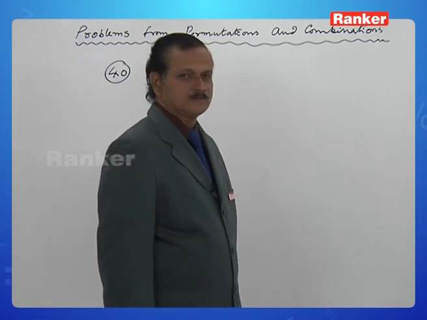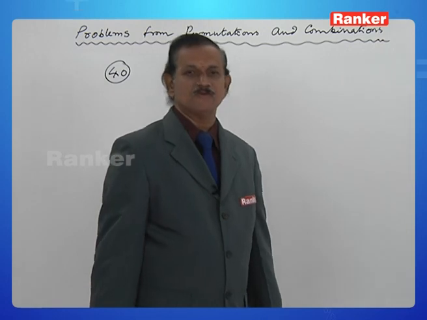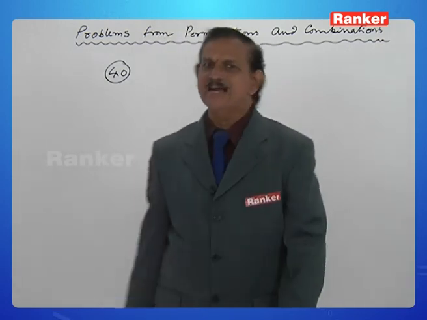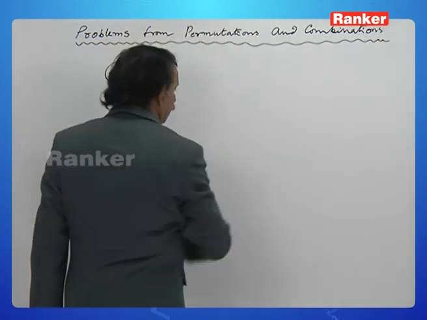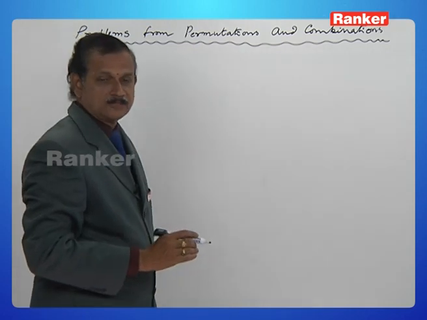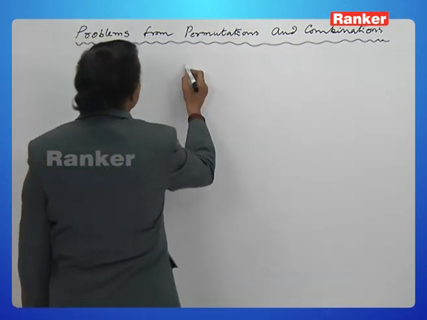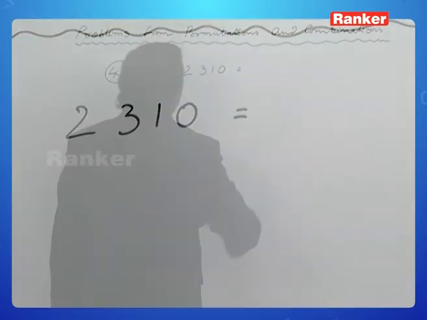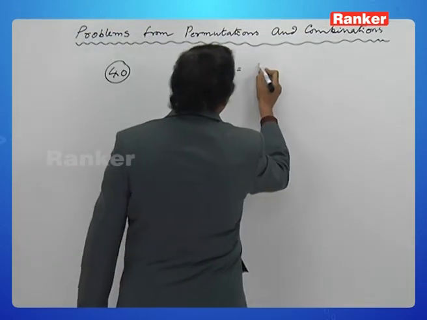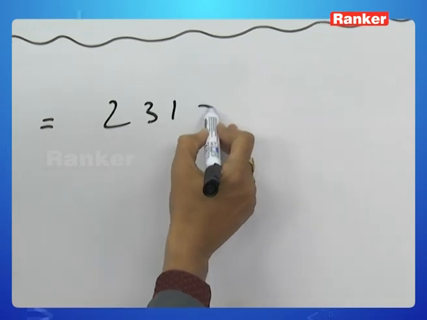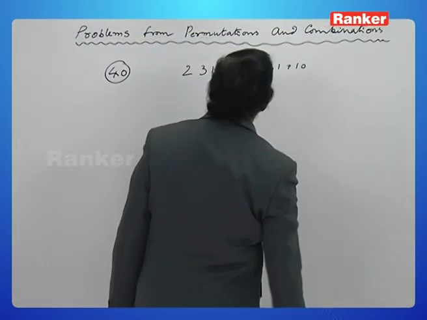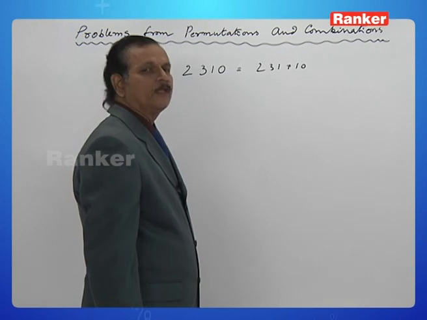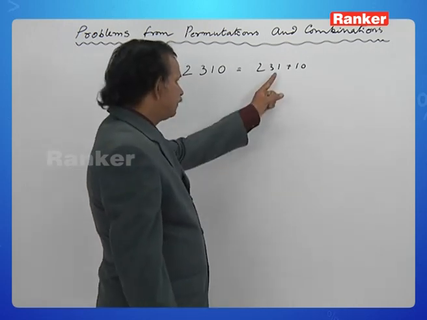Let us now observe the canonical form of 2310. What is the given number? 2310. This is 231 into 10 in the beginning. 2 plus 3 plus 1 is 6.